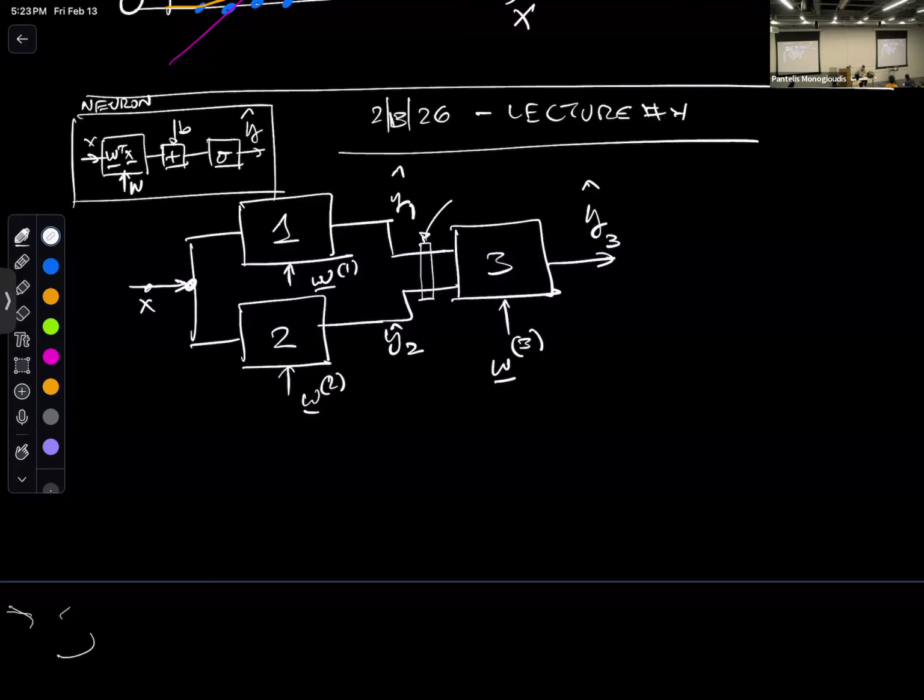So I want to call these two guys... Is y hat 1, what is the dimension of y hat 1? No one knows what the dimension of y hat 1 is. Okay, follow the diagram. You told me the dimension of x is how much?